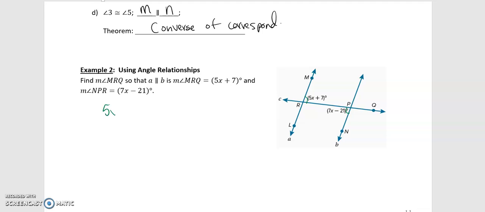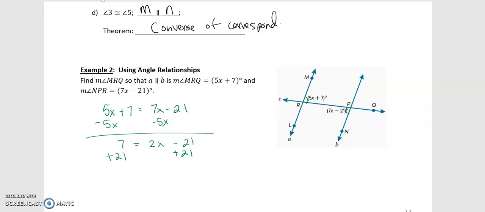So we're going to set them equal, using the converse of alternate interior, and then solve. Subtract 5x, and divide by 2. X is 14.